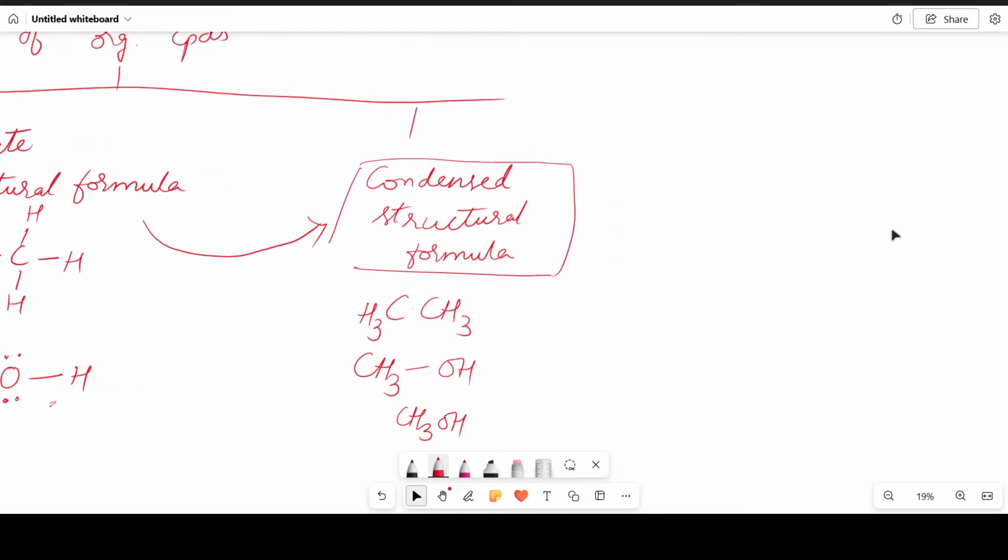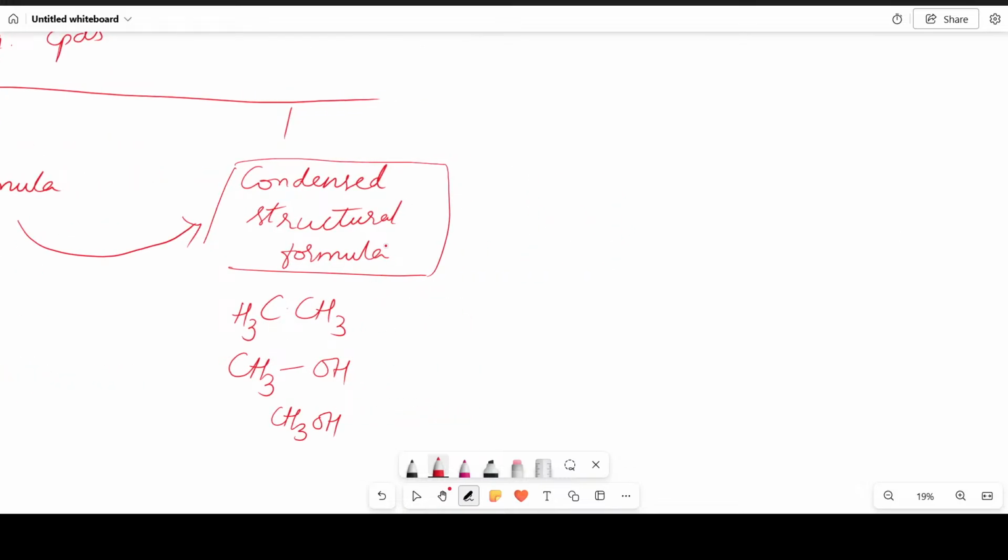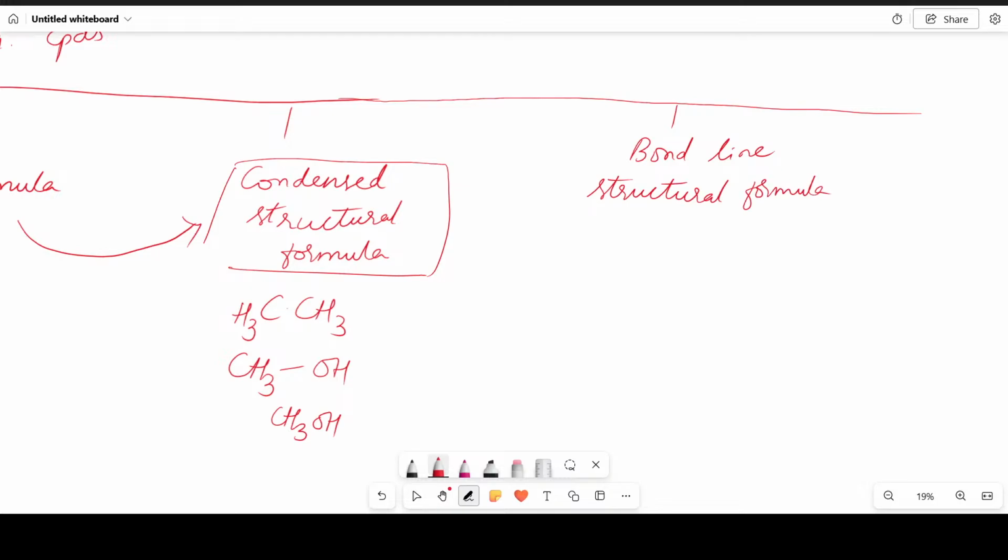Next one is called the bond line structural formula. Here only carbon-carbon bonds are shown in the form of lines, and these lines are drawn in zigzag fashion.